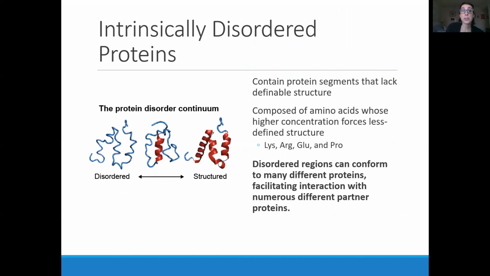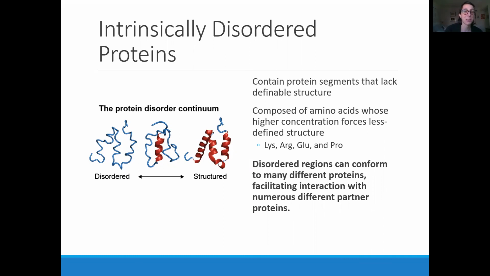There's also portions of globular proteins that we call intrinsically disordered. This is any type of protein segment that just lacks any definable structure. So it doesn't have any definable alpha helix or beta sheet secondary structure. It just is, again, disordered. It's the amino acids.